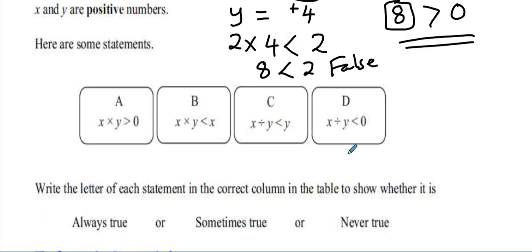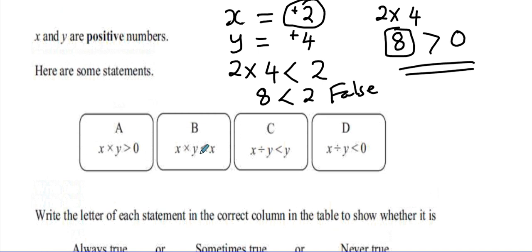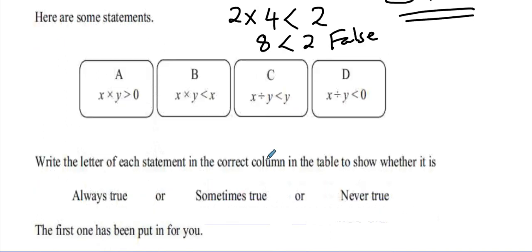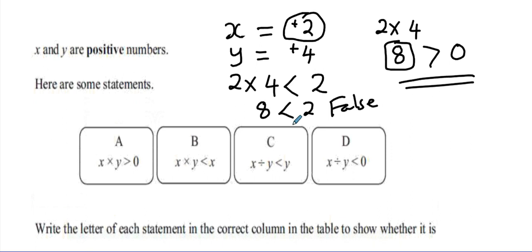Okay, suppose we do C. C is x divided by y is less than y. Let us see, x is 2 divided by y is 4. Now is this going to be less than the value of y? This is going to be less than 4. Let's see, 2 divided by 4 is half, or 0.5. Now is 0.5 less than 4?